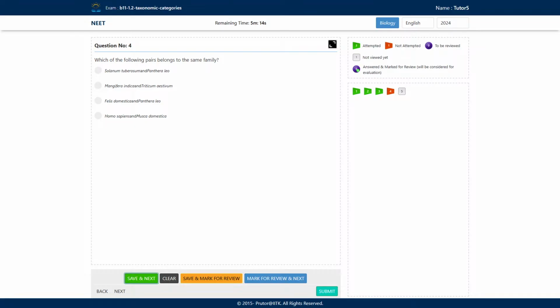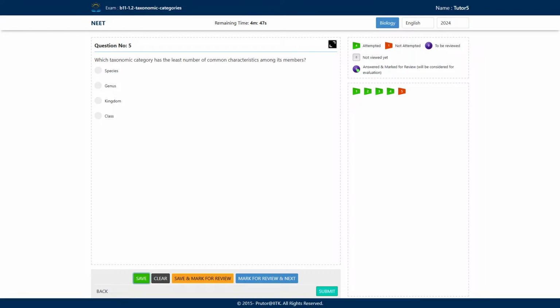So what would be the correct answer here? The correct answer will be Felis domestica and Panthera leo. They belong to the same family, Felidae.